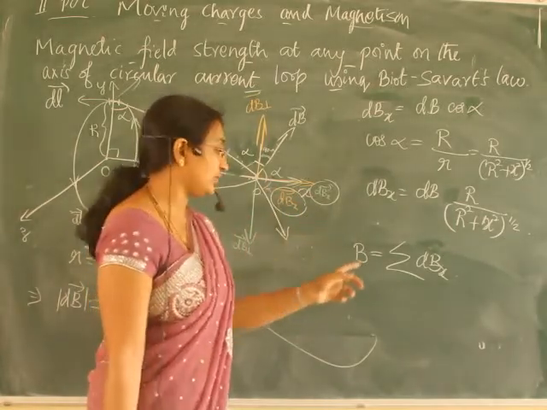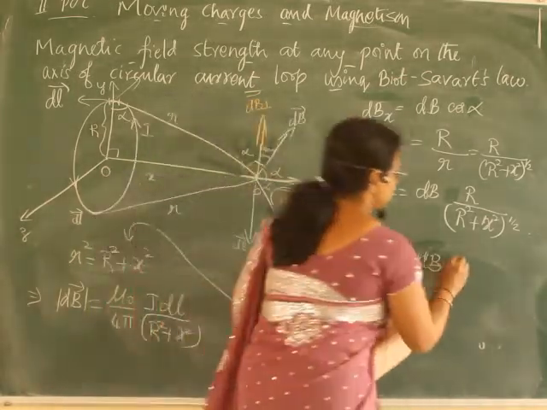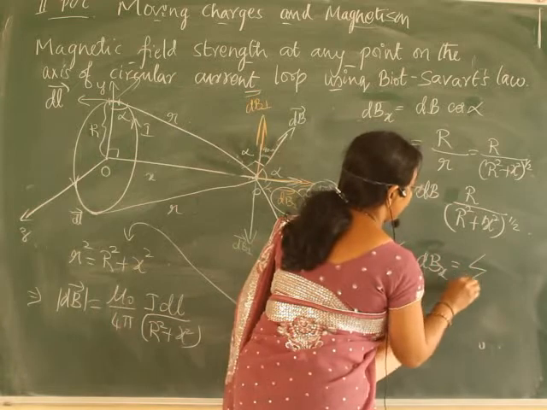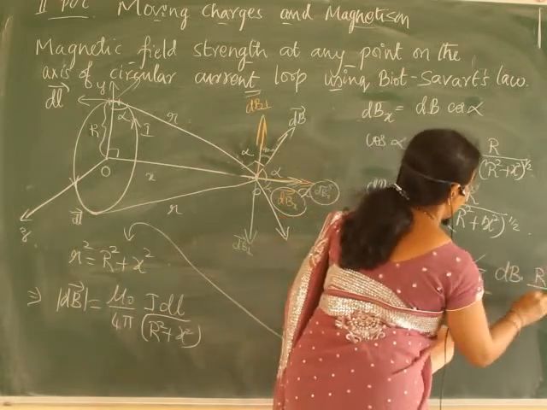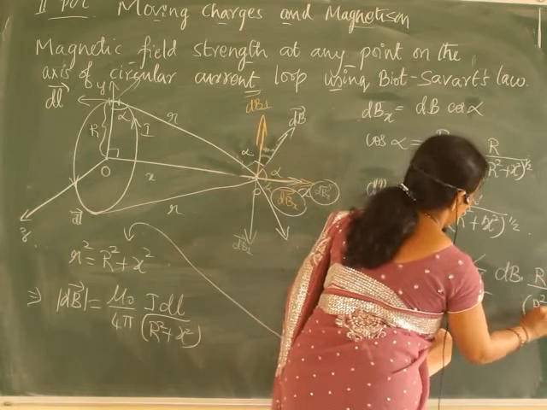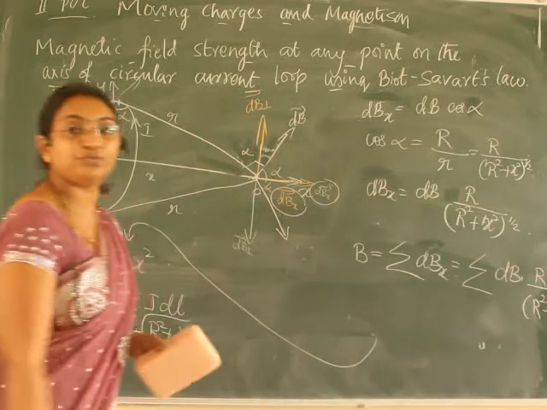There are n numbers, so I will give summation dBx. When we substitute, what do we get? Summation dB into R divided by (R square plus x square) to the power half.